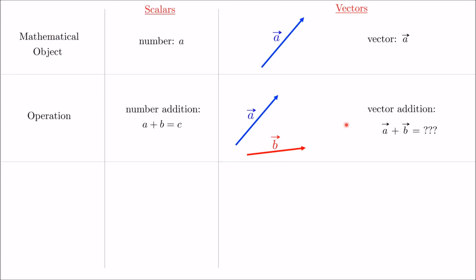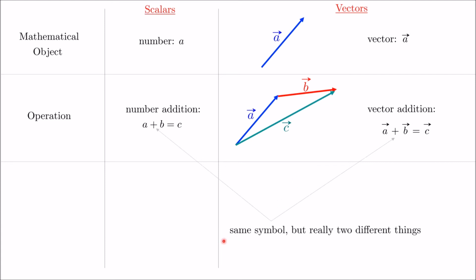Okay, so we defined the notion of vector addition and it looks like this. Just one more minor thing before moving on. These two symbols here are the exact same symbol, but really they mean two entirely different things.